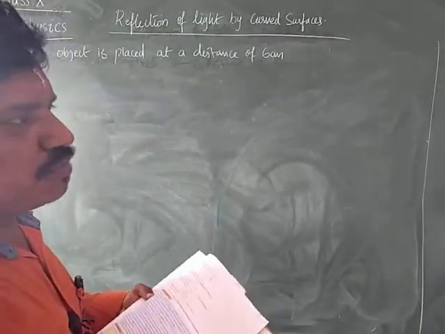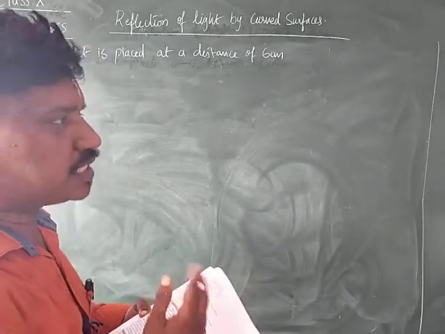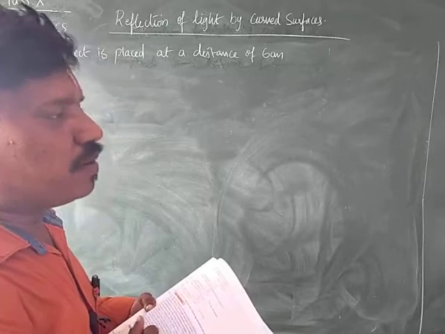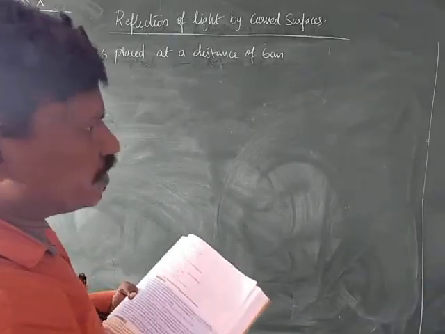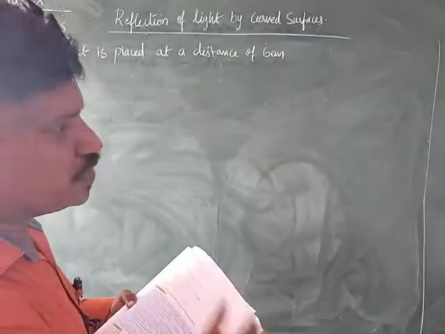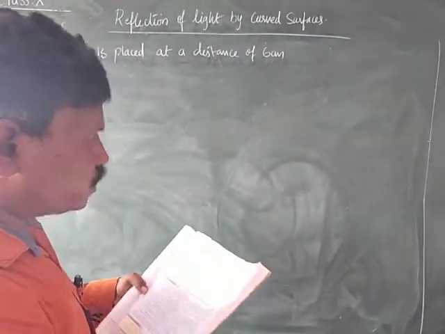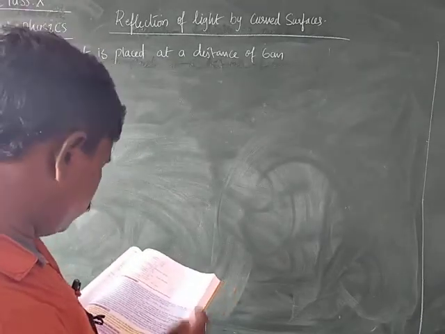Why? Because most of the time they are asking the problems. The problems are very, very important in physics, and they are important from the exam point of view. They are important for your examination from this chapter. Therefore, you should practice these problems, because you should not neglect them.